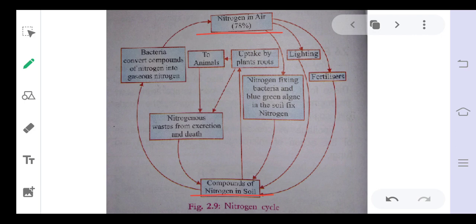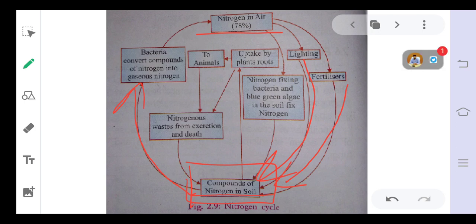This conversion can happen in our atmosphere during lightning and thundering, and nitrogen can also be supplied in the form of fertilizers to the soil, to be absorbed by the plants. Then the nitrogen compounds present in the soil are converted into gaseous nitrogen by bacteria and released into the atmosphere. So this one cycle is completed.